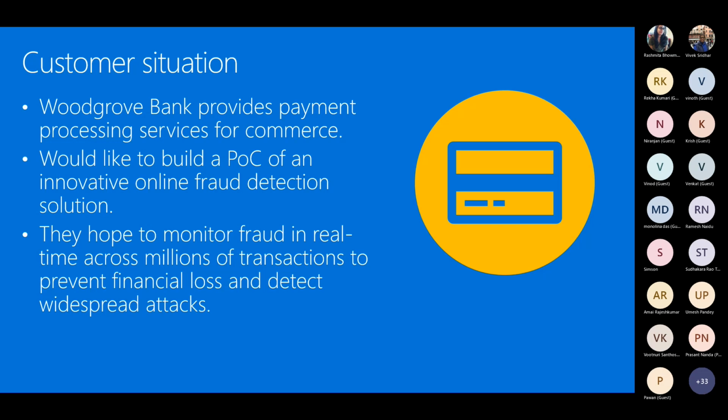So the bank also understands that whenever we are doing the analysis, we can be very aggressive with it. If you are suspicious about any transaction, you can block it. But there is a tug of war between what you block and what you let go.